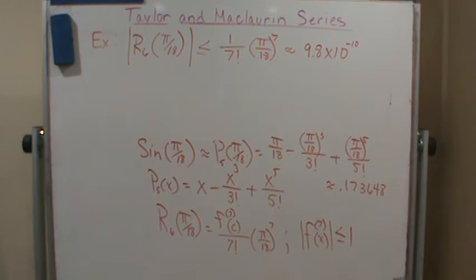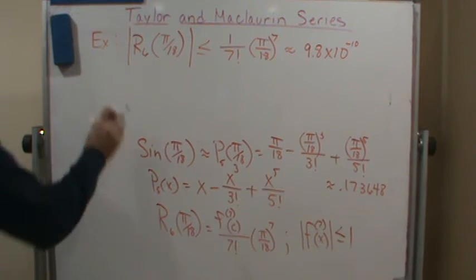Now, the second part of the question is we want to find the values of x such that the fifth Maclaurin polynomial will approximate sine x to within 0.0001.